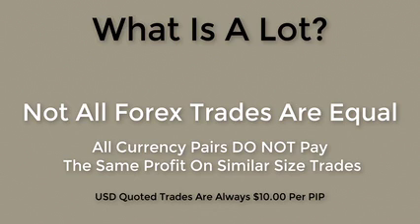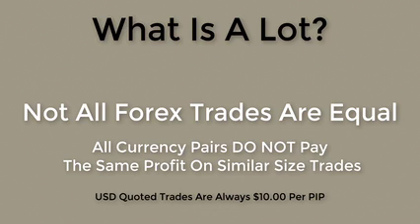So a 1 lot trade, 1 pip equals $10. If it goes 10 pips, or 1/10 of a penny move, that would be $100. If it goes 1 penny, that would be $1,000 profit for us as Forex traders.